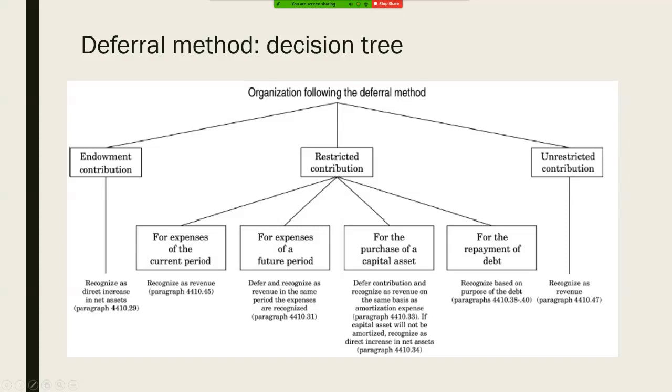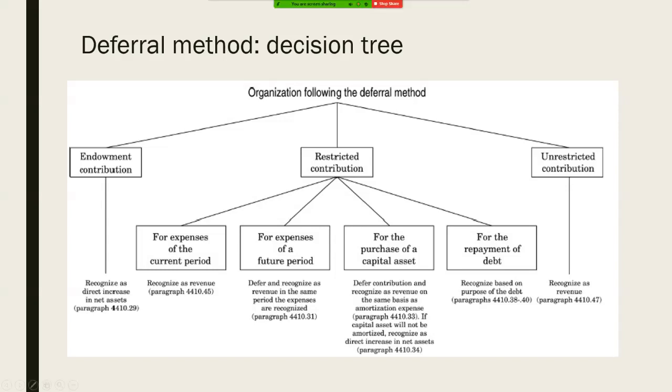If it is for a future period, then we initially record the amount received as deferred contribution, which is a liability, very similar to a for-profit business receiving an advance payment from a customer. You'll recall in that case, you record debit cash and credit unearned revenue, and later on, debit unearned revenue, credit revenue. So it's a similar sort of process.